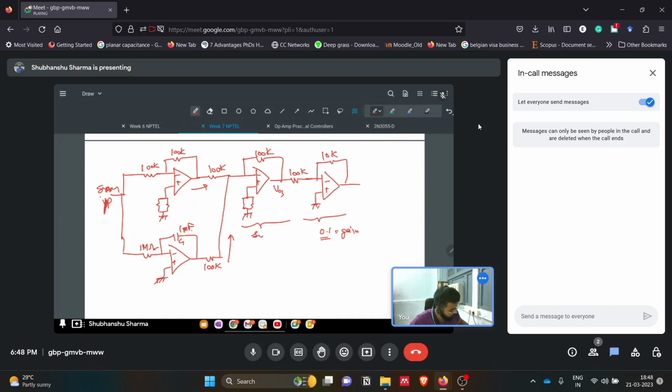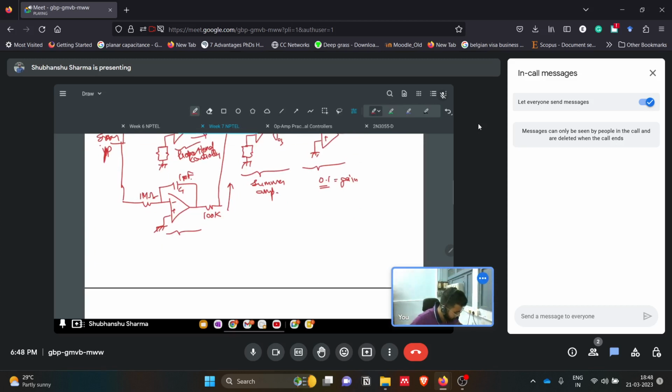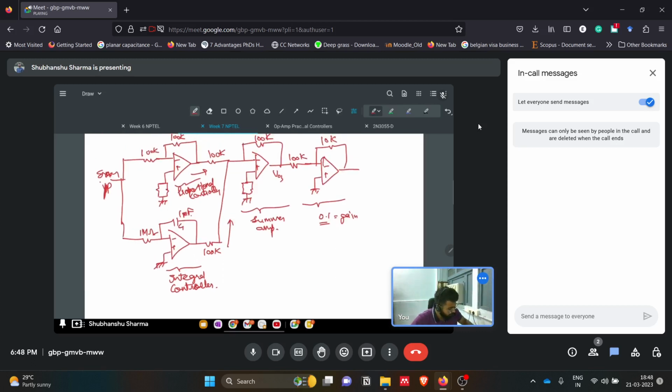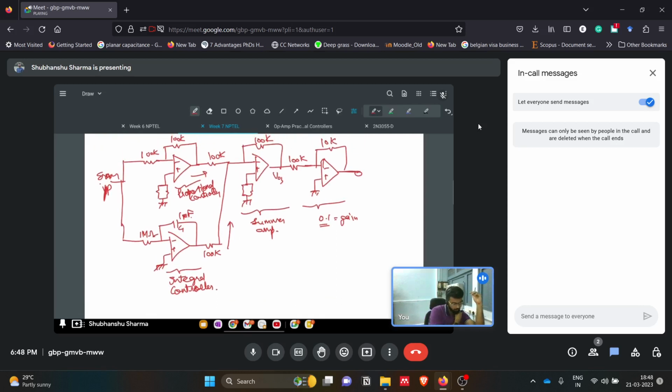This was the summer amplifier, this was the proportional controller, and this was the integral controller. So this is about the proportional integral controller.